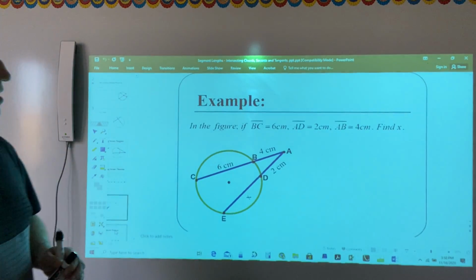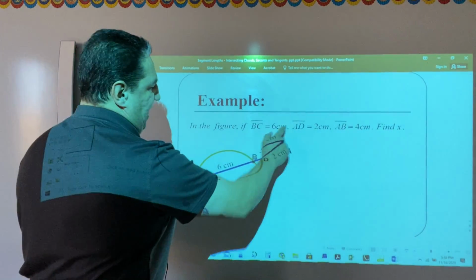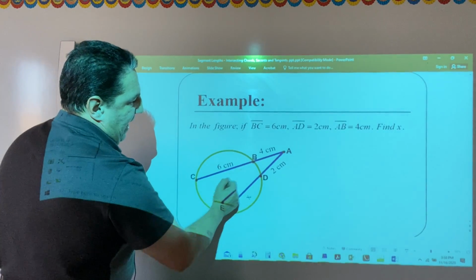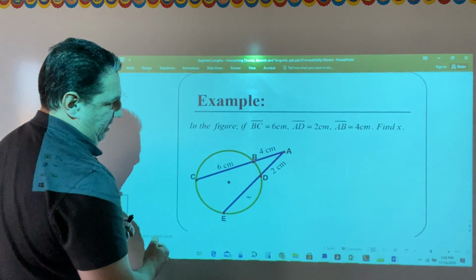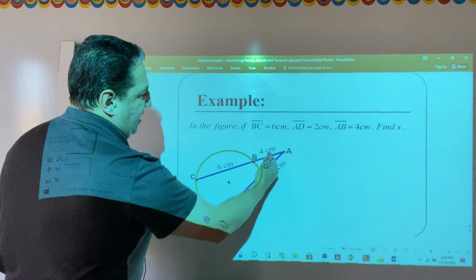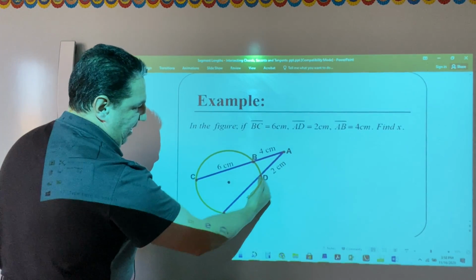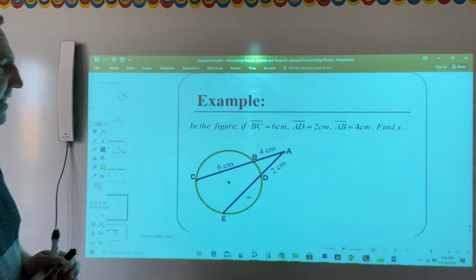In this example, it says if BC equals 6 centimeters, AD is 2 centimeters, AB is 4 centimeters, find X, which is the length of CD.